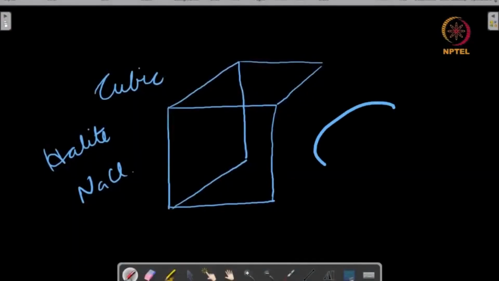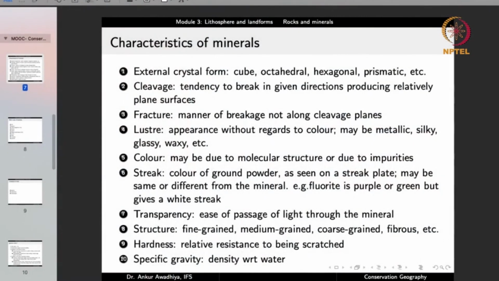Or you can have a situation in which when you break it along a fracture surface, you get rings that are very similar to what you see in the case of a mussel shell. So we'll call it a conchoidal fracture. So you have different lines that go like this. Now this is a conchoidal fracture. So by looking at the different kinds of fractures, or the manner of breakage that is not along the cleavage planes, you can also have certain idea about what this mineral could be.